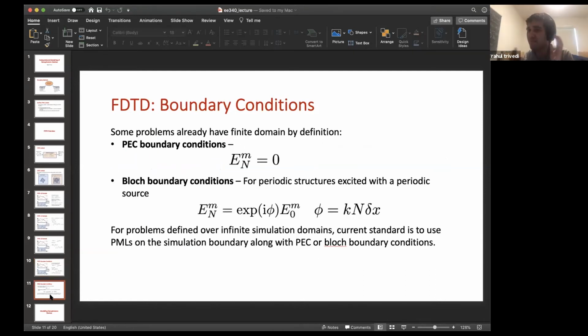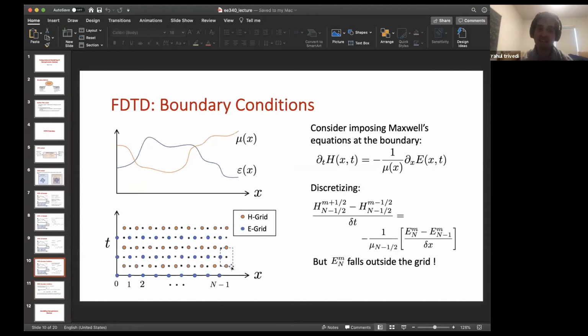Maybe the simplest boundary condition to understand is a perfect electrical conductor, right? You just put a PEC on the boundary of your simulation, and then you can set the electric field here as 0, because you have a PEC there. So that solves the issue of writing this finite difference on the boundary.